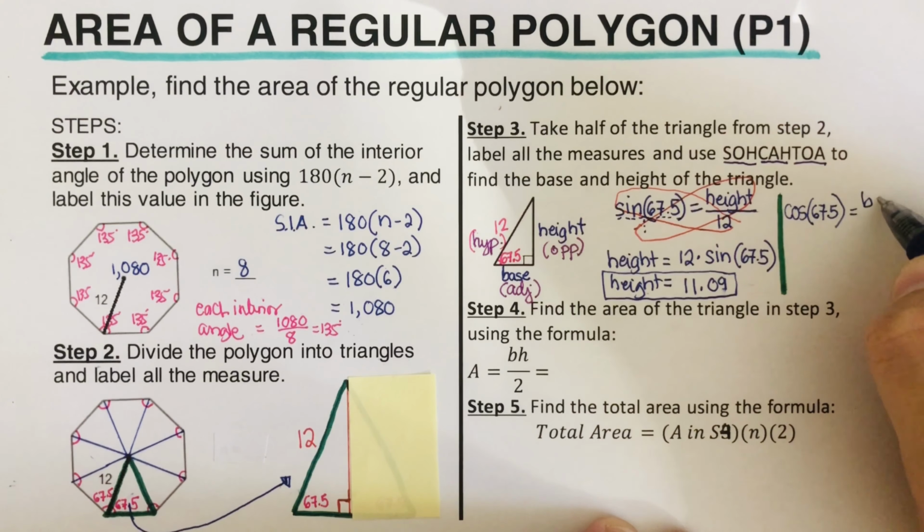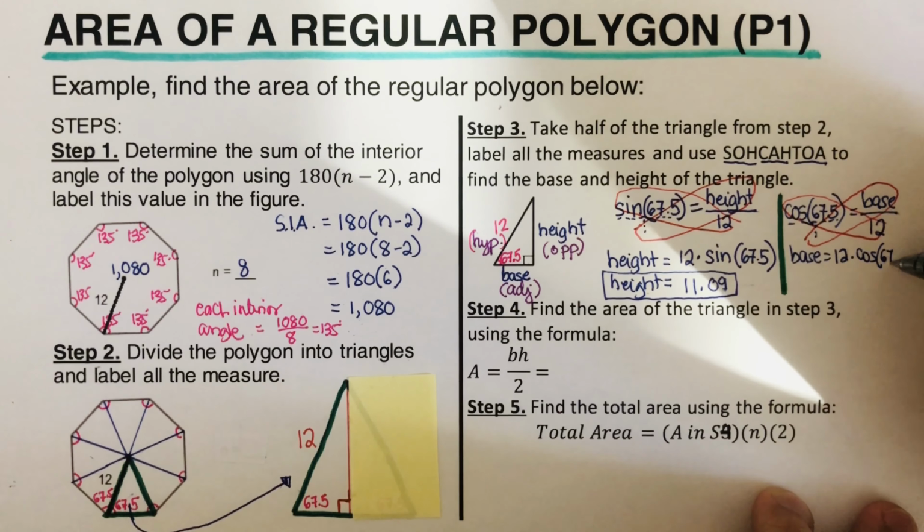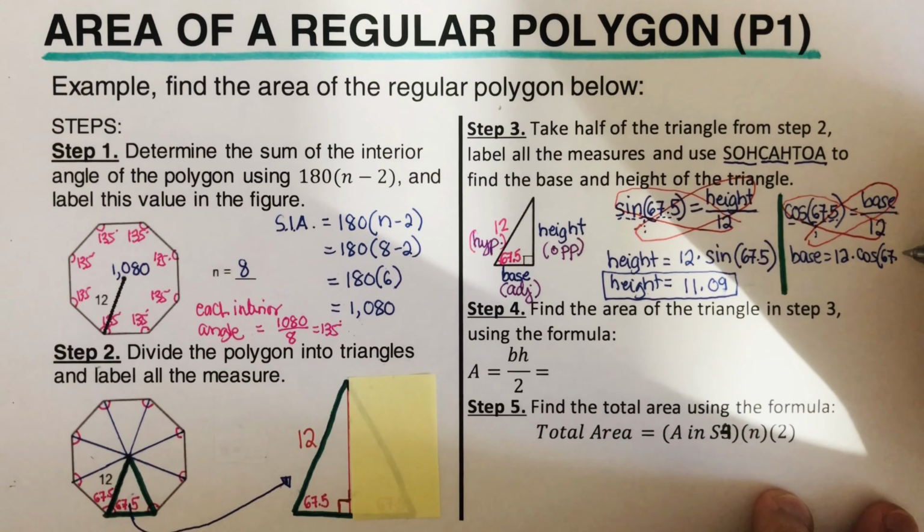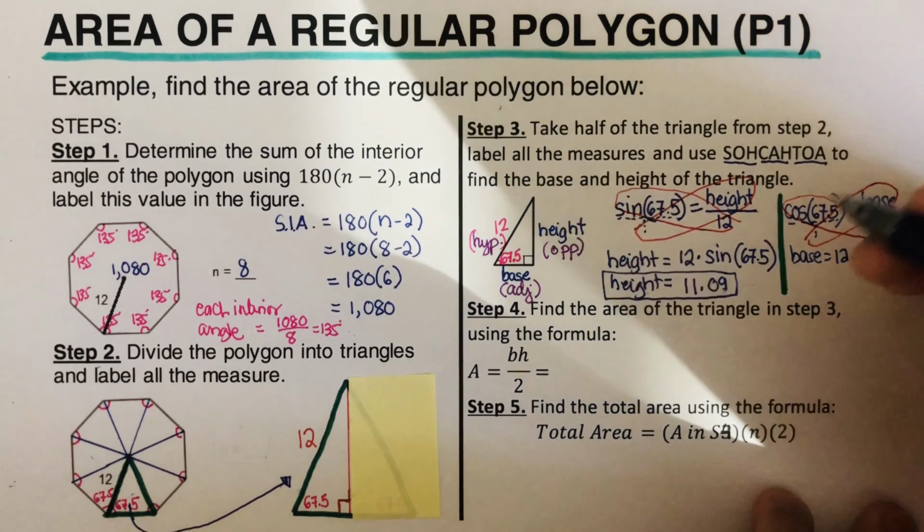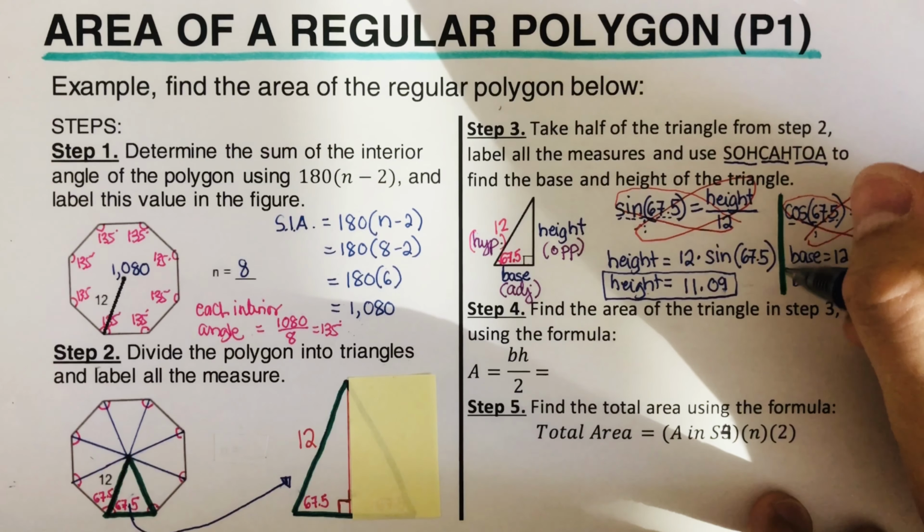Then we cross multiply, so the base is equal to 12 times cosine of 67.5. Again, be sure that your calculator is set in degrees. If you multiply 12 and cosine 67.5, it is 4.59. This is our base.